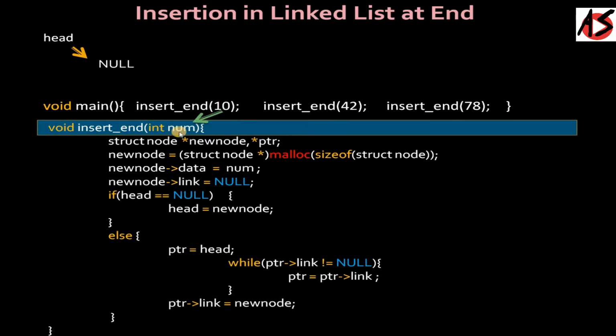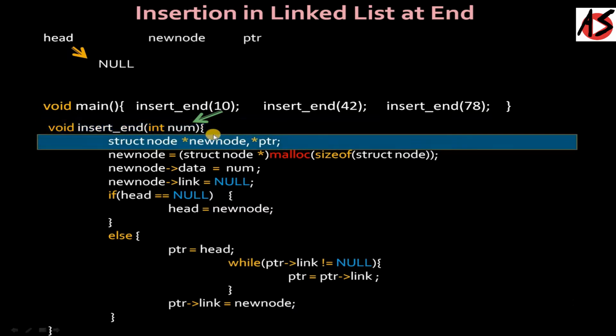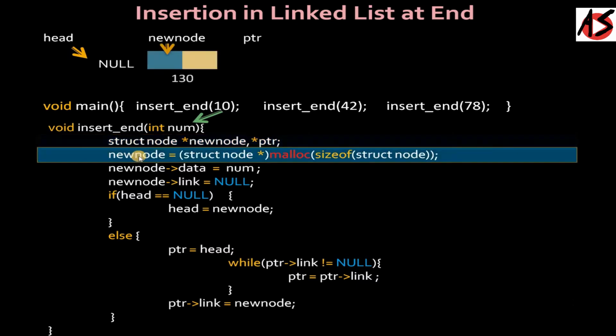Then from this instruction we are defining two variables, namely new node and pointer, of type struct node. Now we are allocating memory to the new node, of the size of the structure node type, and it has an address 130.